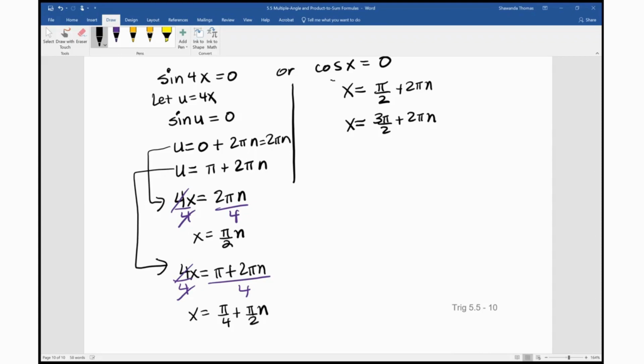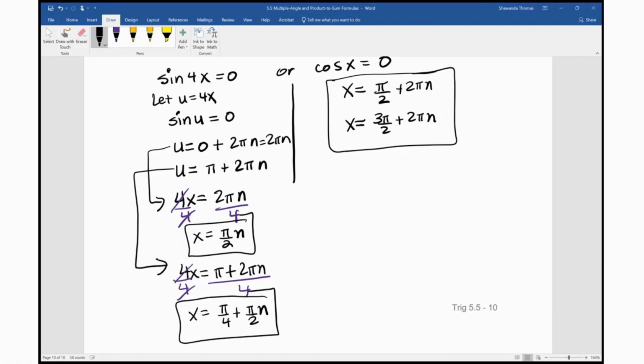All right. So, we got these answers. Let me do a little chart right quick, to see what type of answers we are getting.